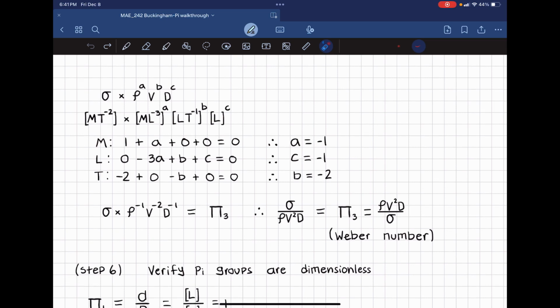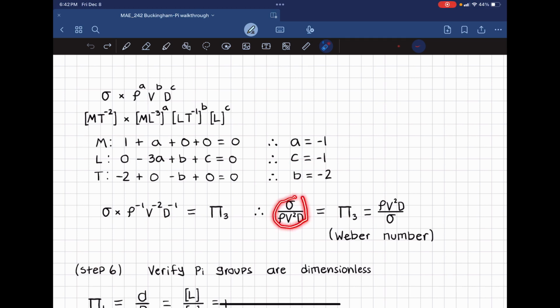Now, the last step is going to be to rewrite the general functional relationship between our non-scaling variables and our scaling variables with these new power constants that we found. So in this case, it's going to be sigma, the surface tension, times rho to the -1, because rho's power A is -1, V to the -2 because it's power B, and D to the -1 because it's power C. And then we set it up as a fraction and we let that equal our pi 3 term.